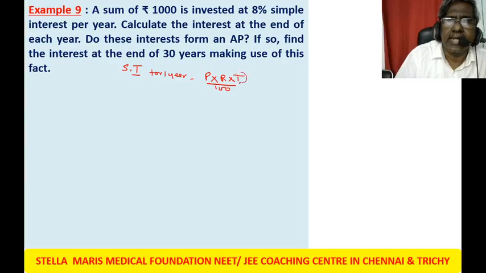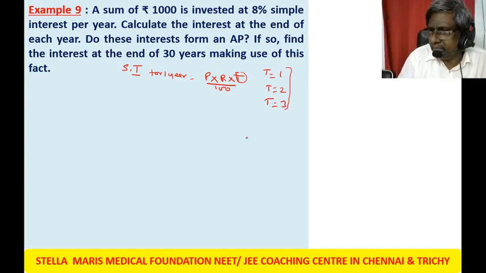This T is time. For 1 year T will be 1, for 2 years T equals 2, for 3 years you put T equal to 3. So only T will vary. Is it clear for you?